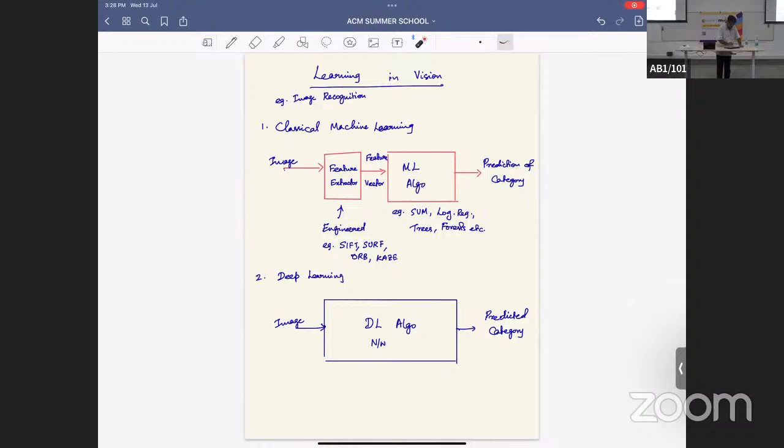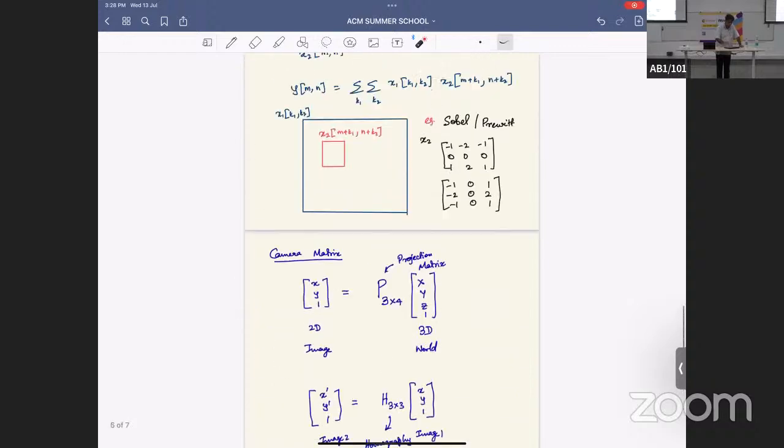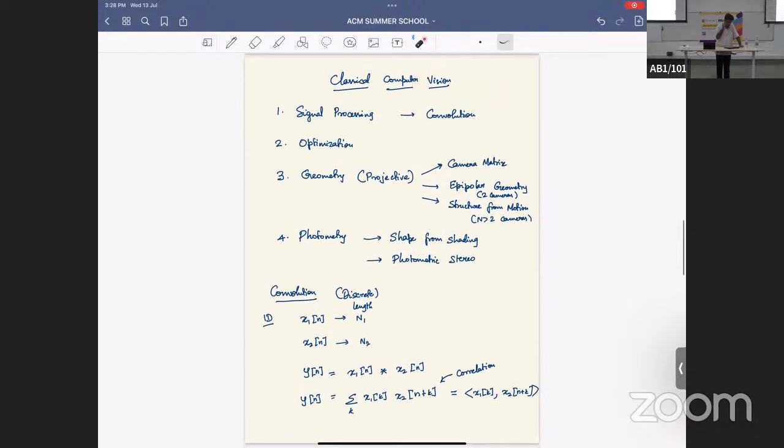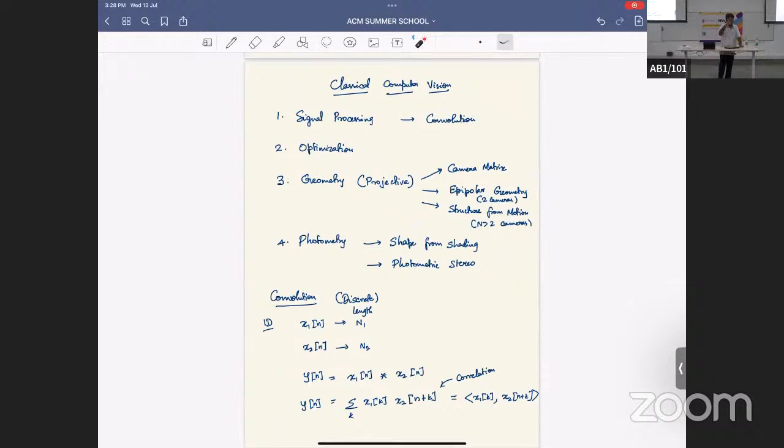We are not going to consider the classical vision from tomorrow's class onwards. We used it to understand the class of problems in vision, and why it is difficult. One more thing I wanted to tell is about the radiometry or photometry based material. Why they are useful is that images could be captured in different lighting.